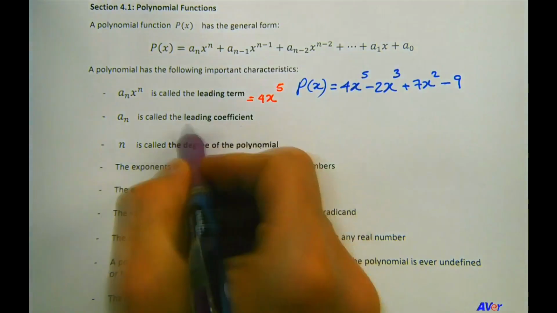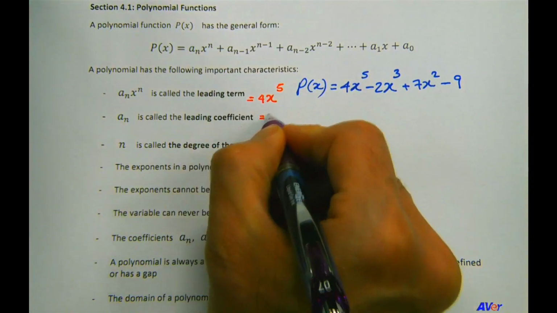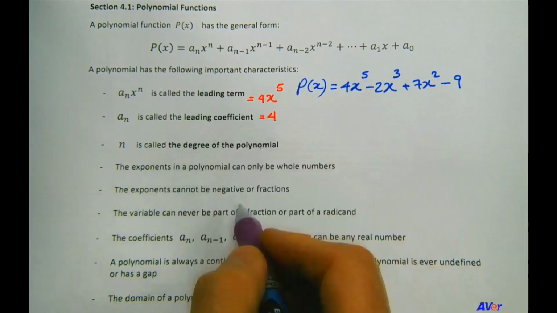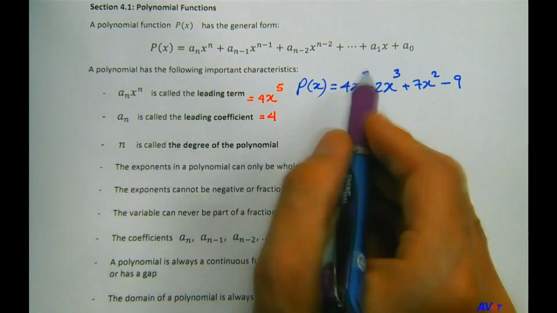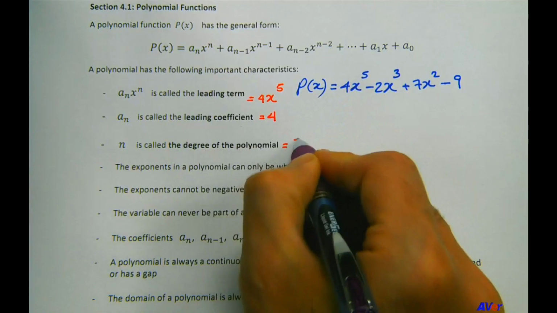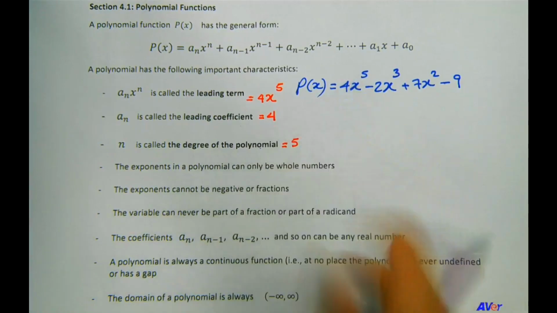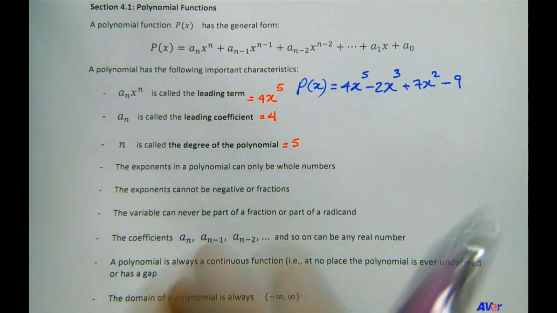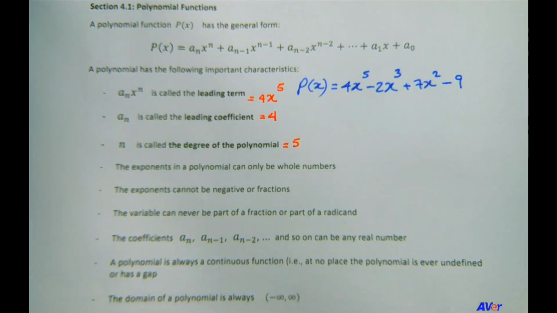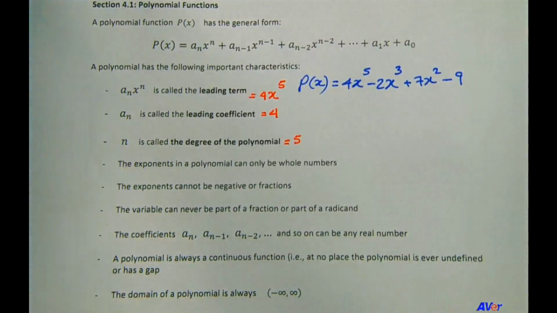The leading coefficient is equal to 4. The degree of the polynomial is 5, the highest power. All of these have a significance, and we will look at that in a few minutes.